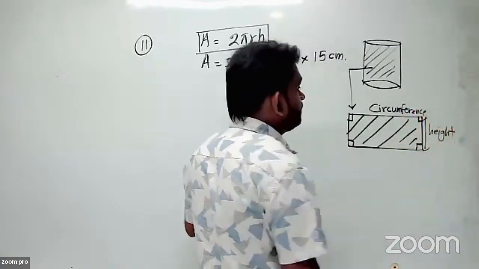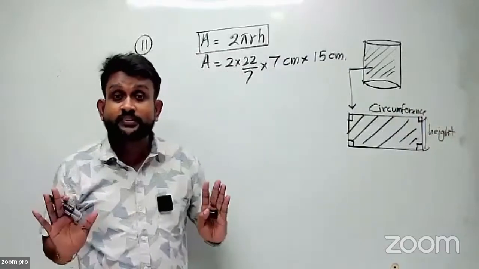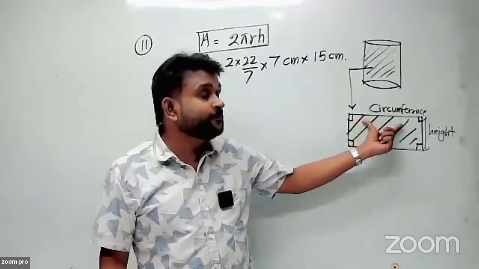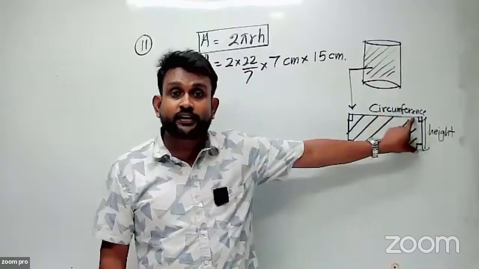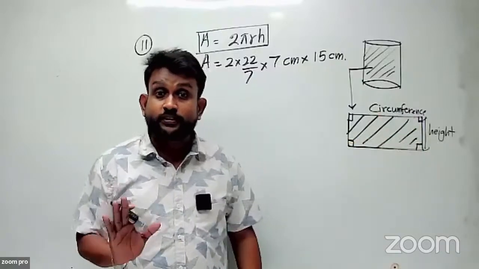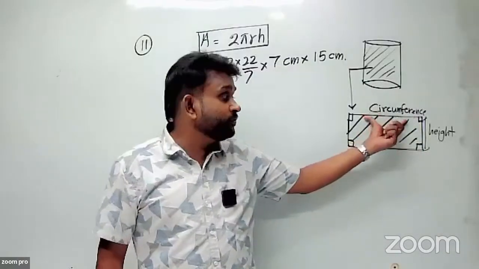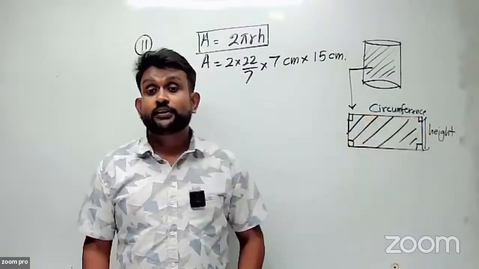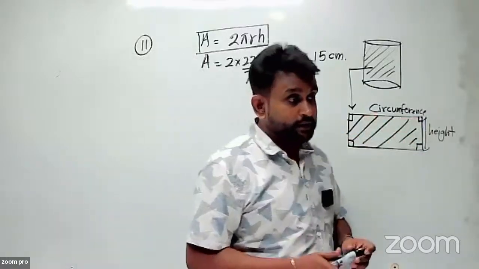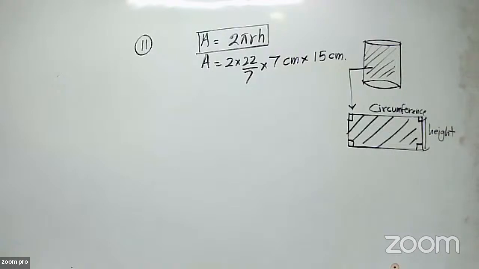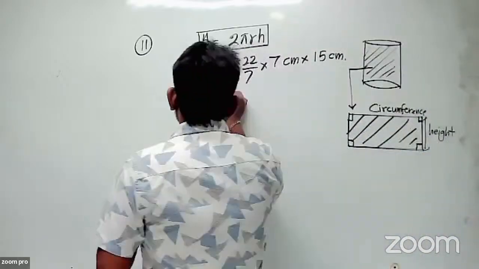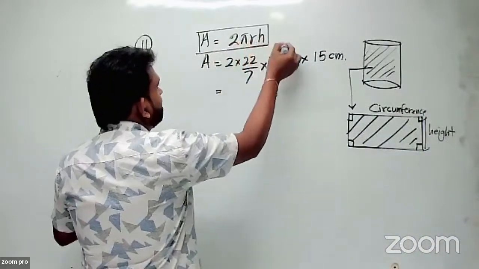Sometimes in the exam they give the circumference of the base and the height. So how to find the curved surface area? Just circumference multiplied by the height. It directly gives you the curved surface area. But here they didn't mention that. So now we will check the curved surface area by the formula 2πrh.